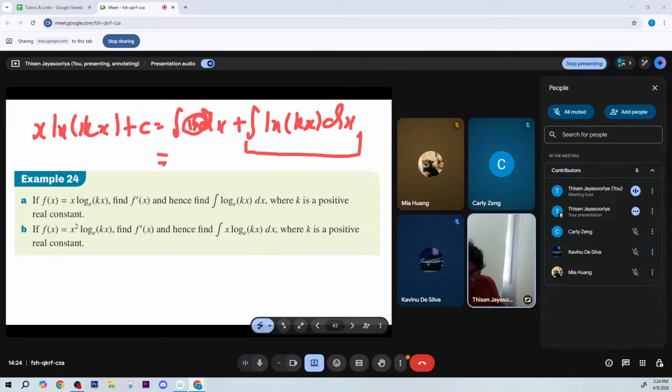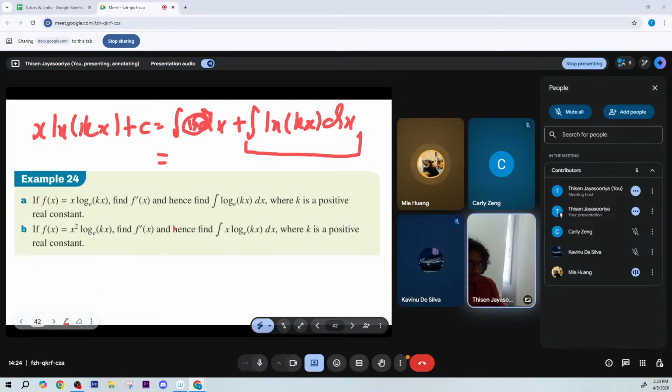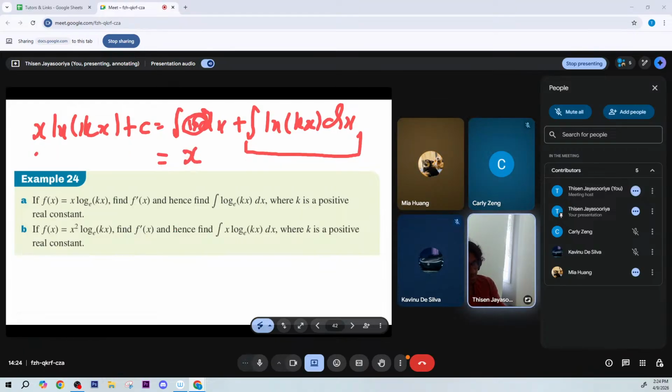So, Mia, I'll ask you, what is the integral of this function? Of 1? Yeah. X. X, that's it. So it's just x ln of kx plus c equals x plus the integral of ln of kx dx.